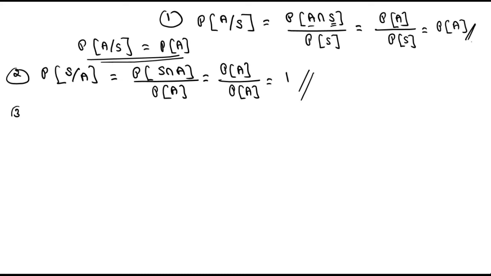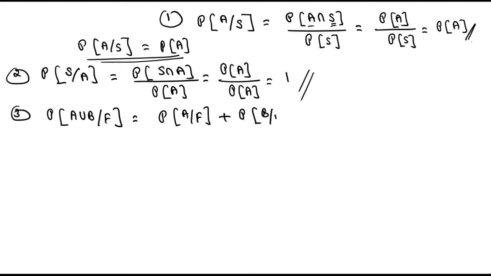Now the third property: probability of A union B given F equals probability of A given F plus probability of B given F minus probability of A intersection B given F. This is an already familiar equation.